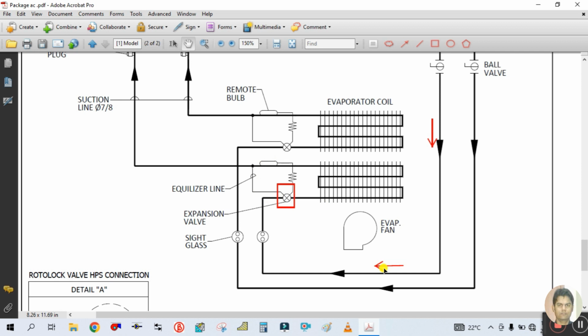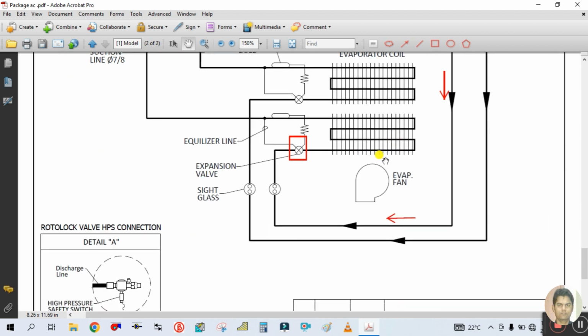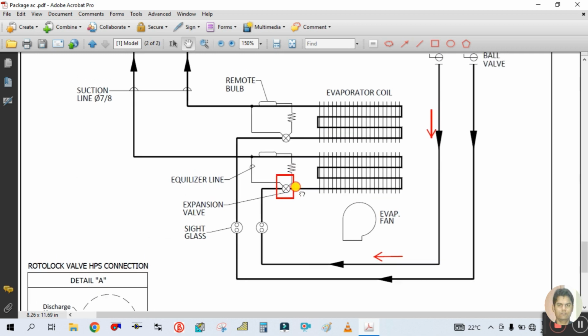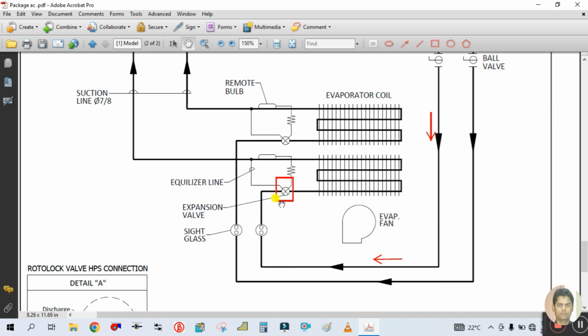So here the low pressure and low temperature liquid refrigerant is passing from this condenser coil to this evaporator. Before this, it will enter here in this expansion valve. In this expansion valve, this refrigerant will decrease its temperature as well as pressure, because in the expansion valve it will expand.